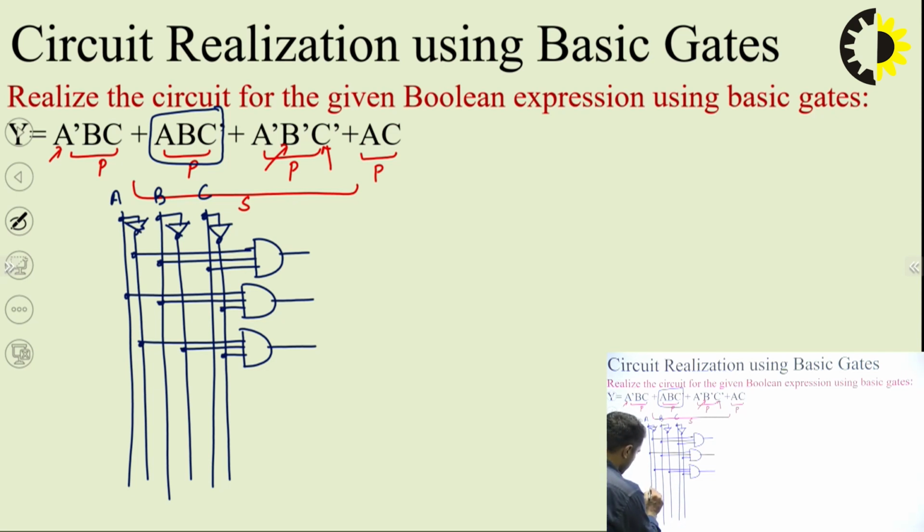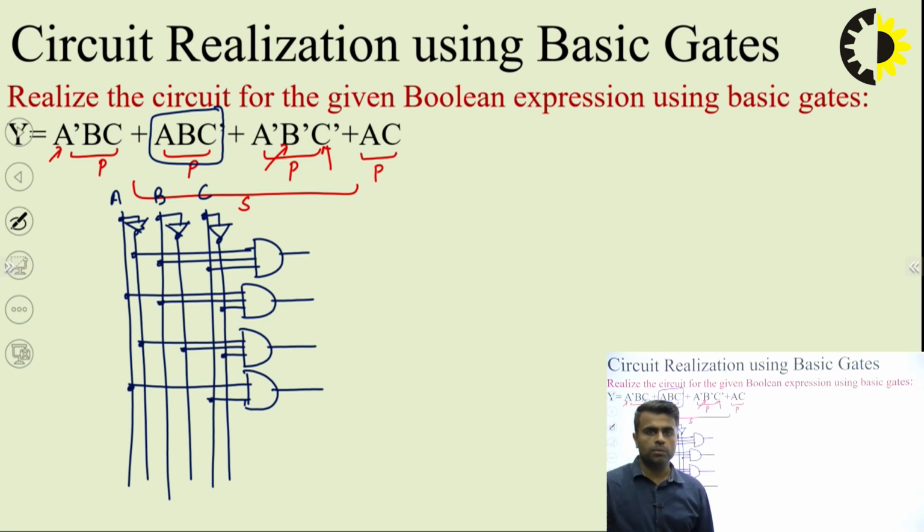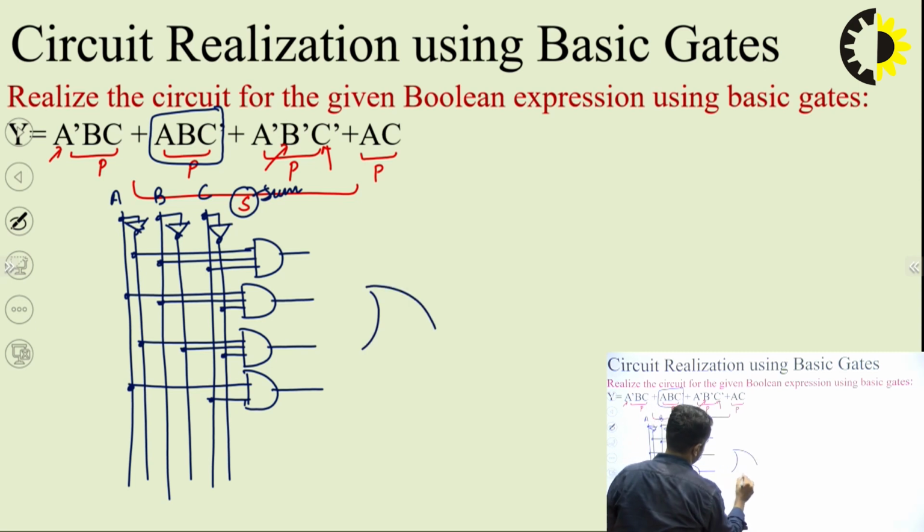So this is A and this is C. This is the fourth product. So all four products are available, and now these products are to be summed using an OR gate. So we will be taking an OR gate which will be adding all these four products.